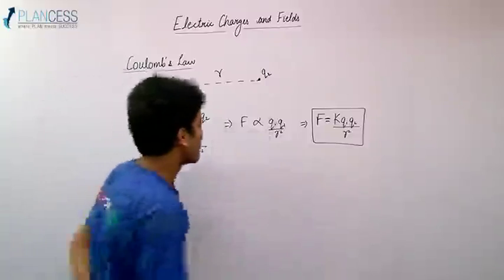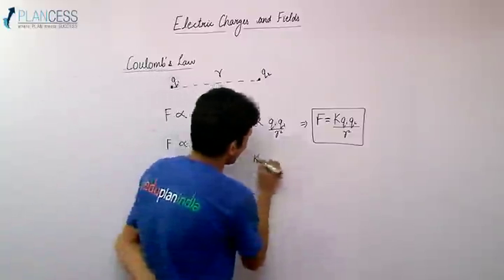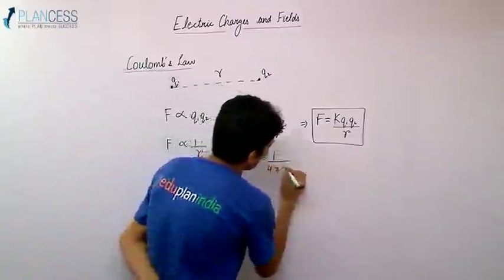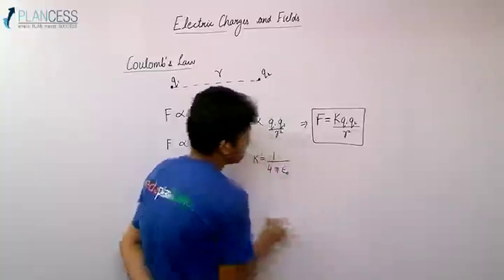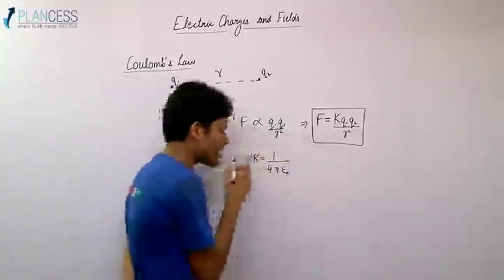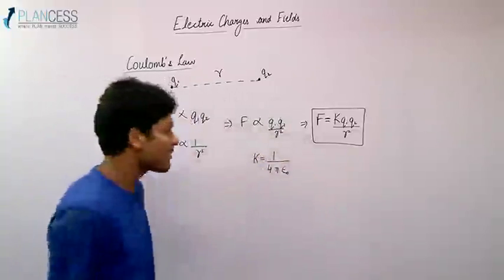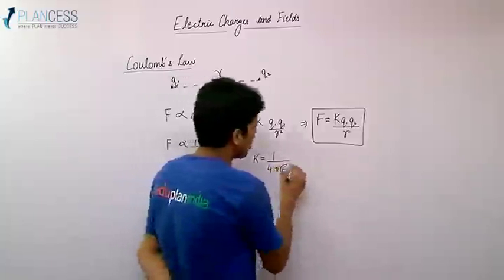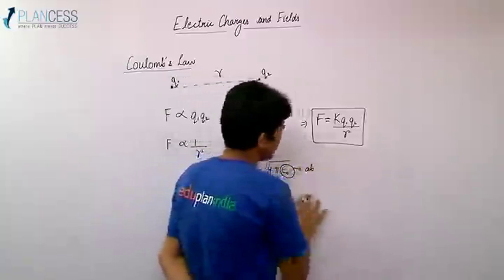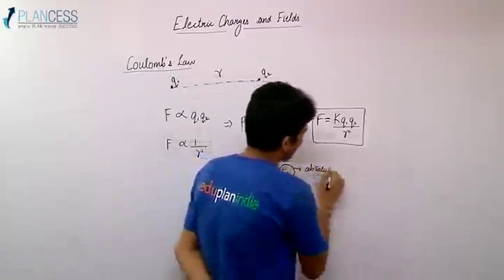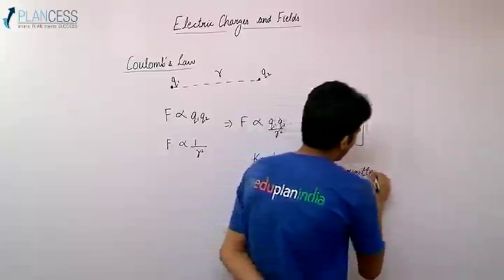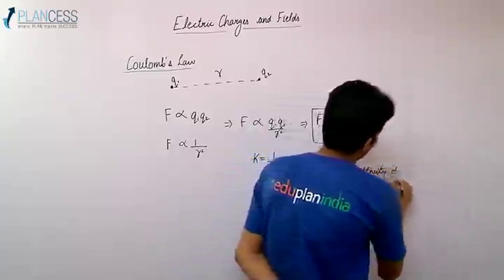The constant of proportionality K is defined as 1 upon 4 pi epsilon naught, where epsilon naught is the absolute permittivity of vacuum.